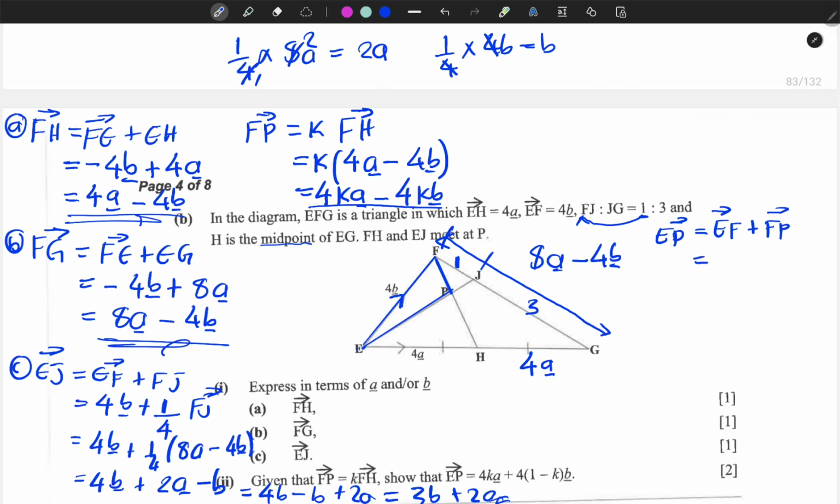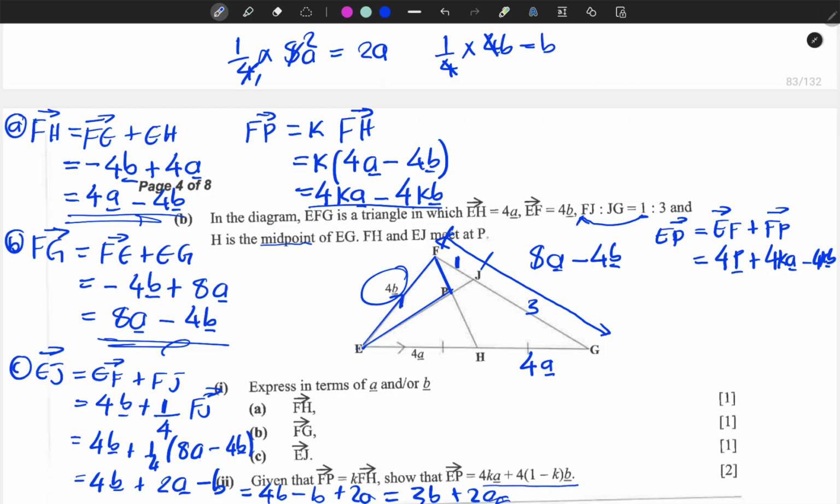So we can now do the substitution. EF is 4b plus c. FP is this expression here. So we write 4ka minus 4kb.